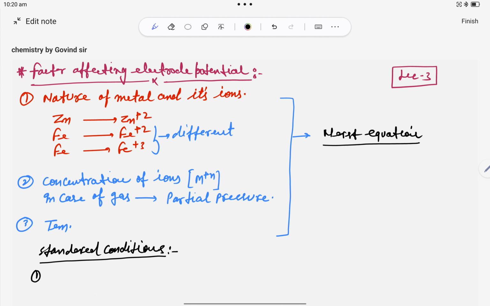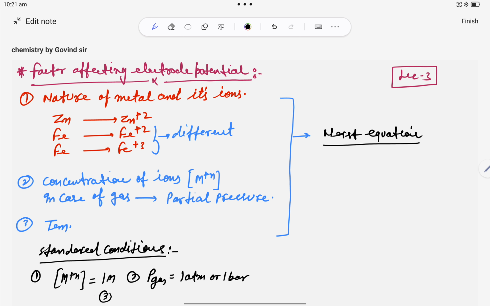For standard condition, concentration we have to use 1 molar. In the case of gas, partial pressure of gas will be 1 atm or 1 bar.